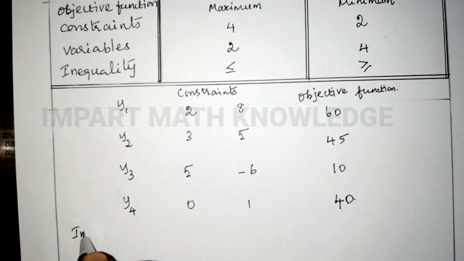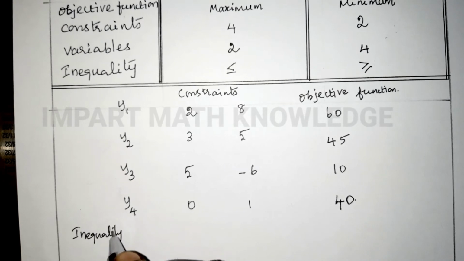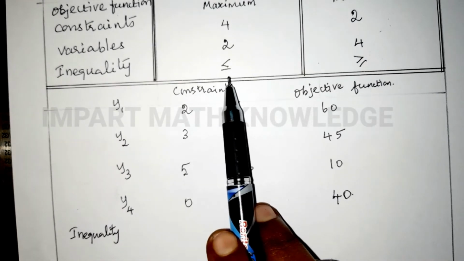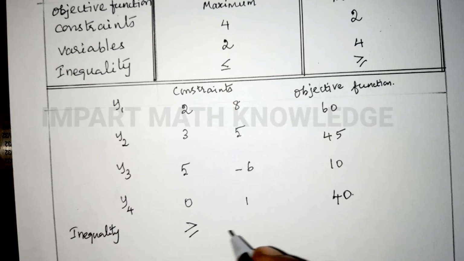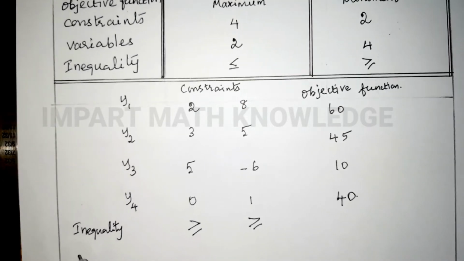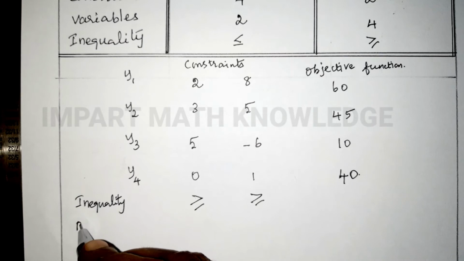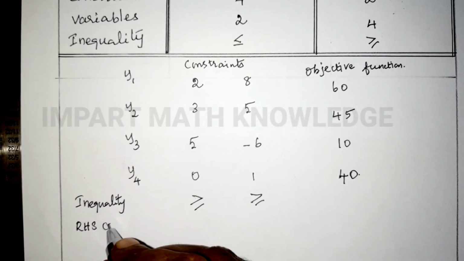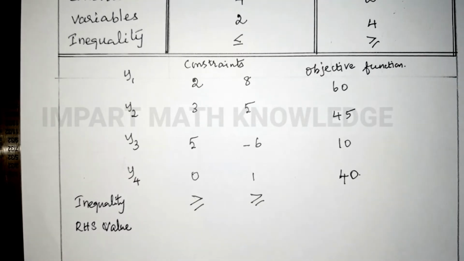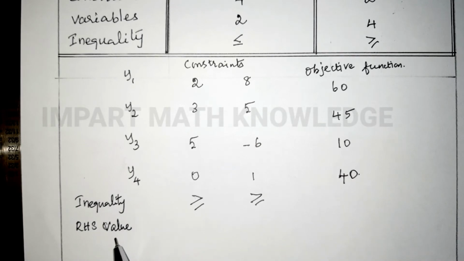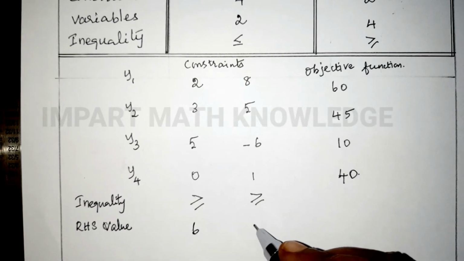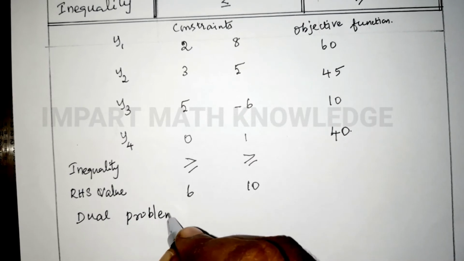The inequality: in the given primal problem, the inequality is less than or equal to, so in the dual problem, the inequality is greater than or equal to. Now the right hand side values are nothing but the coefficients of the objective function in the primal problem, that is 6 and 10.